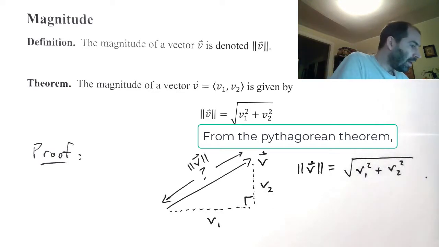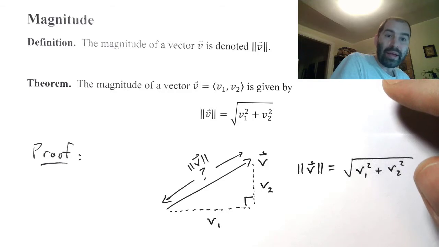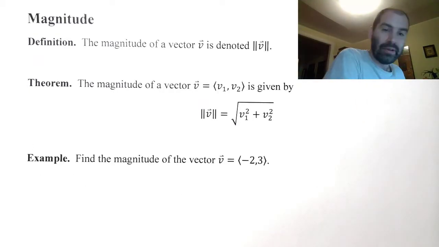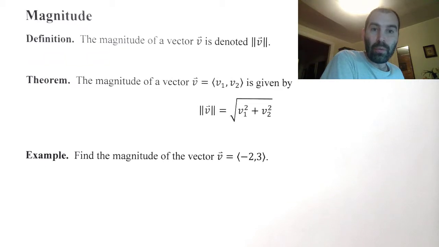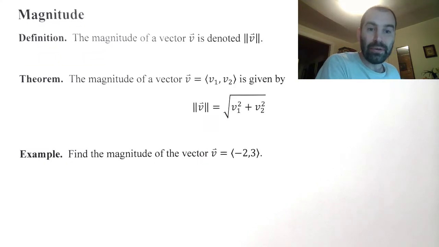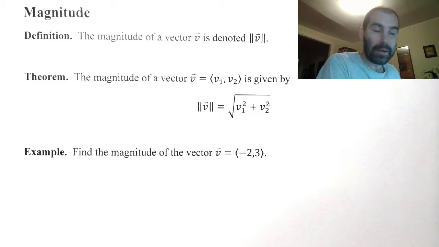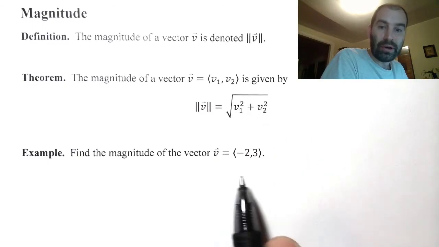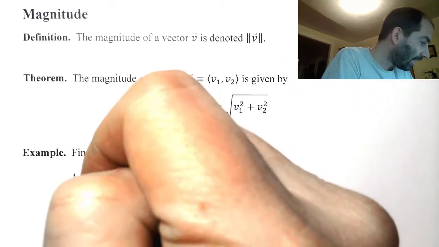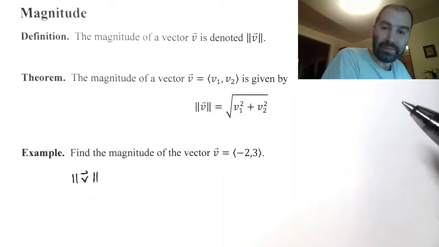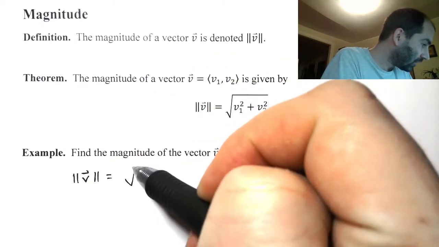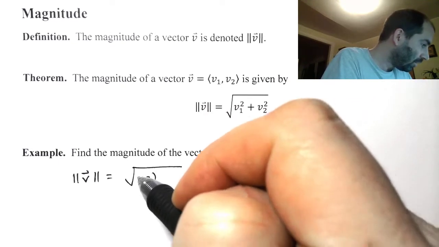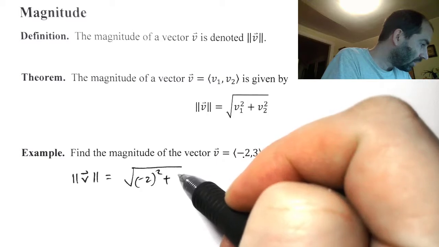All right, let's go ahead and apply it to an example. Let's find the magnitude of this vector with components -2, 3. Well, very simple. We just apply the theorem. If I want to find the magnitude of v here, I'm just going to take the square root of -2 squared plus 3 squared.